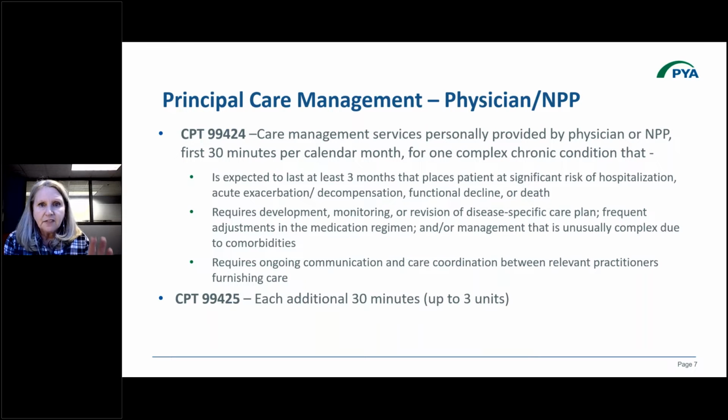CMS is clear that in fact this has to be personally performed by the physician or non-physician practitioner to qualify for reimbursement under these codes. Again, first 30-minute increment under the 99424, the second, and up to 3 units reimbursed under 99425.